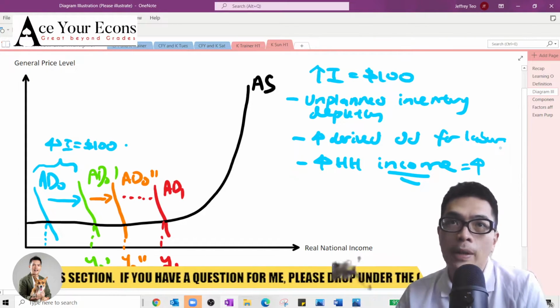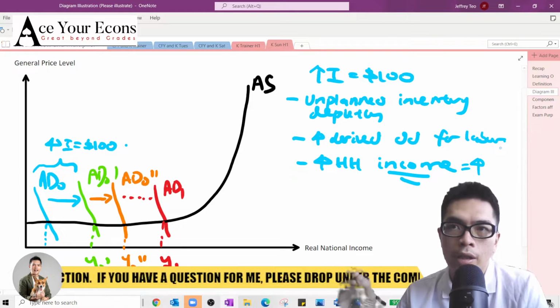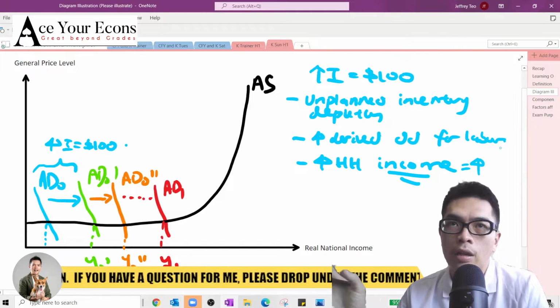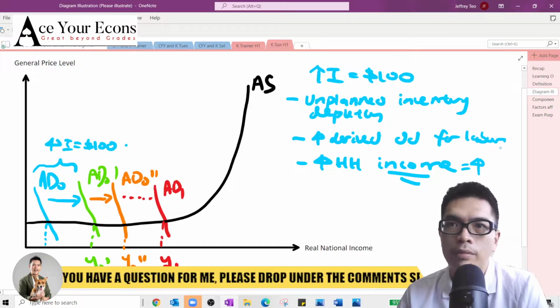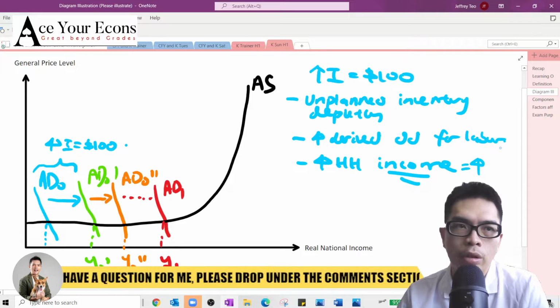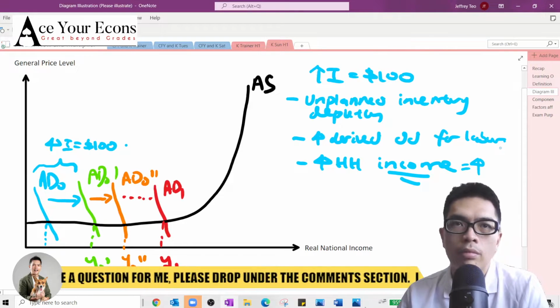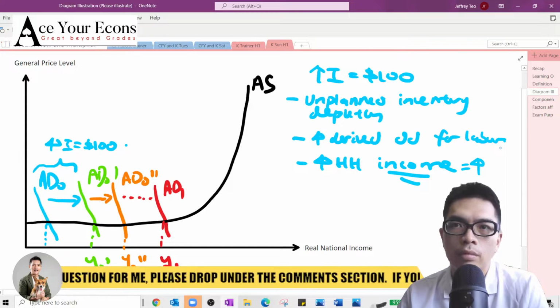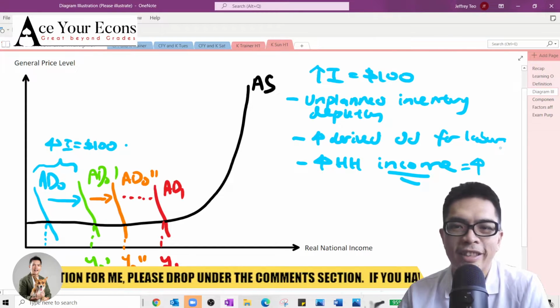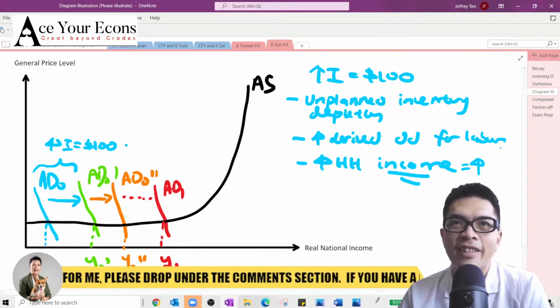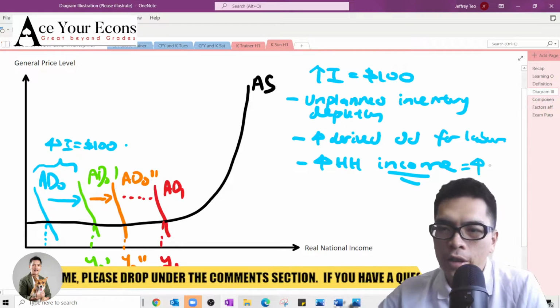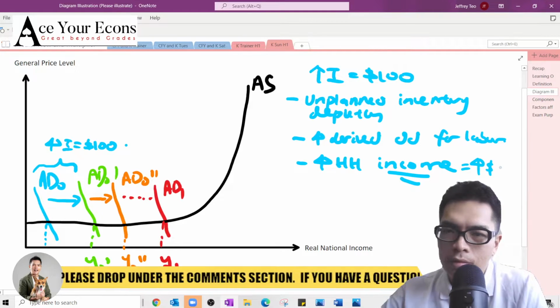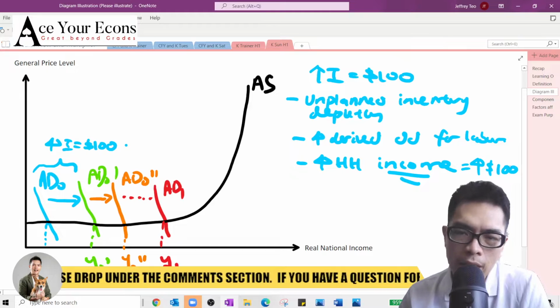The initial spending was increased by $100, and we realized that all this ends up as household income, right? So how much is income going to increase? Come on. Okay, it's going to go up by the same amount. Exactly the same amount.